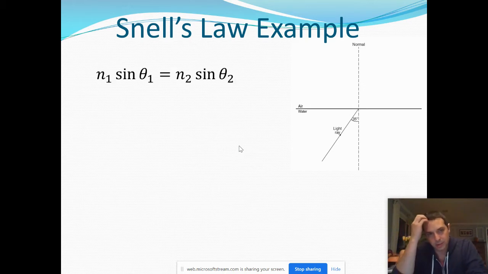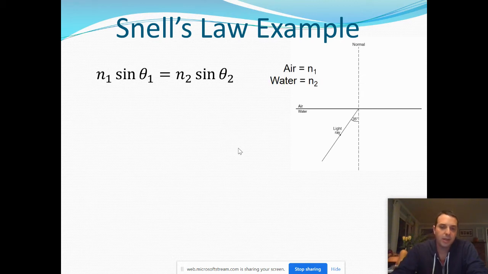So we're going to use the equation, Snell's law, n1 sine theta 1 is equal to n2 sine theta 2, and we have to identify which medium is going to have each one of these ones or twos. I'm going to take air to be the one subscripts, and everything in air will have a one subscript, and I'm going to take water to have the two subscripts.